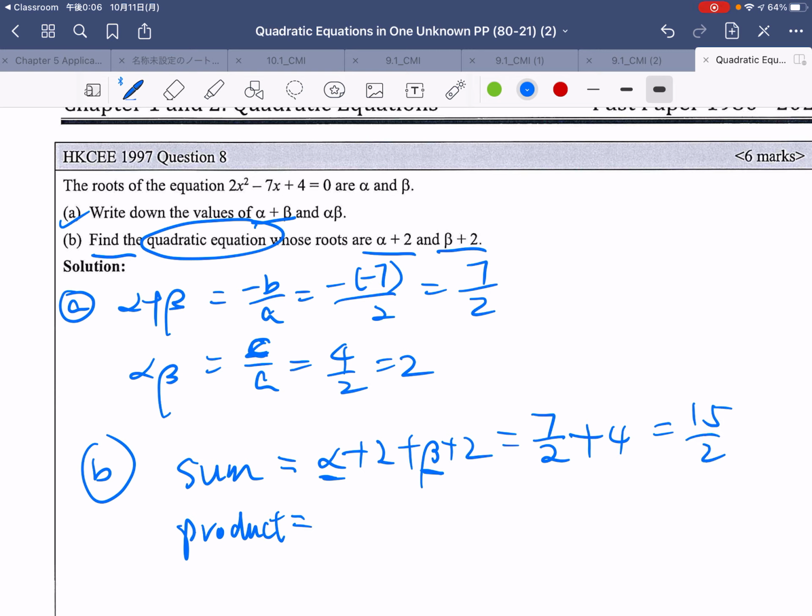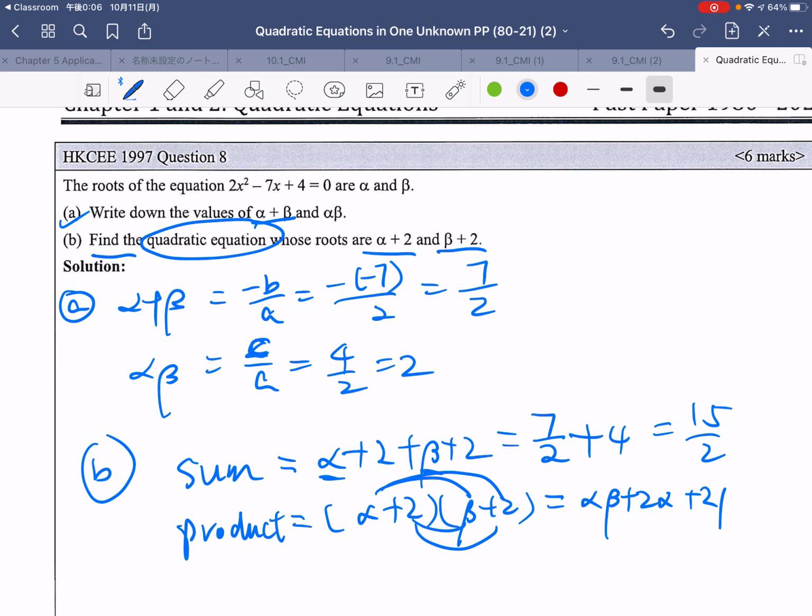And then the product of roots is alpha plus 2 times beta plus 2. You expand it, so alpha beta plus 2 alpha plus 2 beta plus 4. Alpha beta is 2. And 2 alpha plus 2 beta means 2 times alpha plus beta.